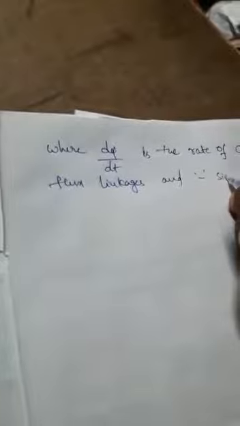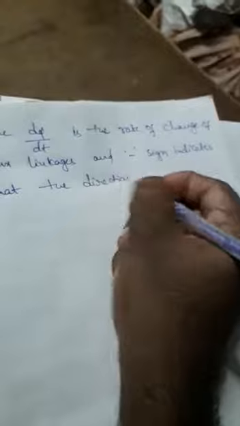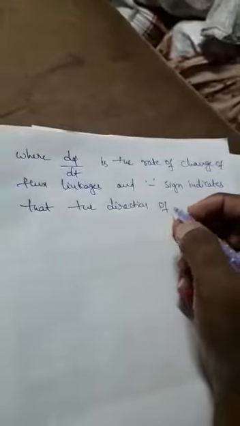Where d phi by dt is the rate of change of flux linkages and the minus sign indicates the direction of induced EMF according to Lenz law.